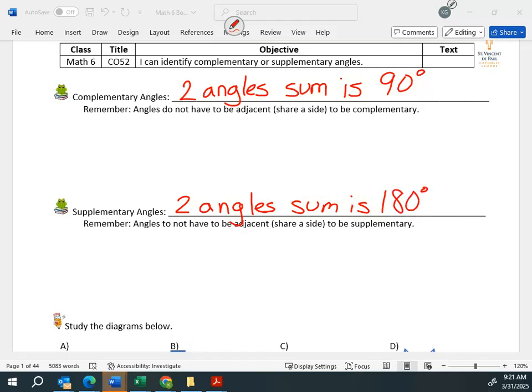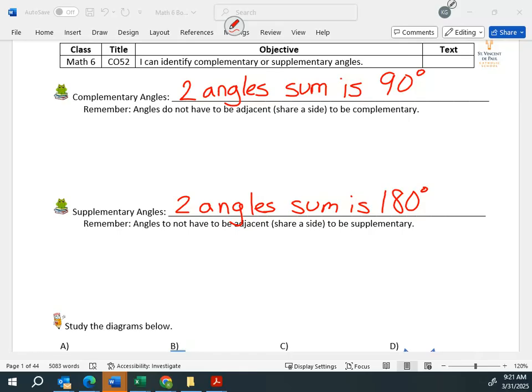So you're going to want to write that so you don't accidentally flip it. A lot of times on the test, I will have students accidentally do 180 degrees for complementary and 90 degrees for supplementary. Make sure you write it out. Complementary is the 90 degrees, supplementary is the 180 degrees.